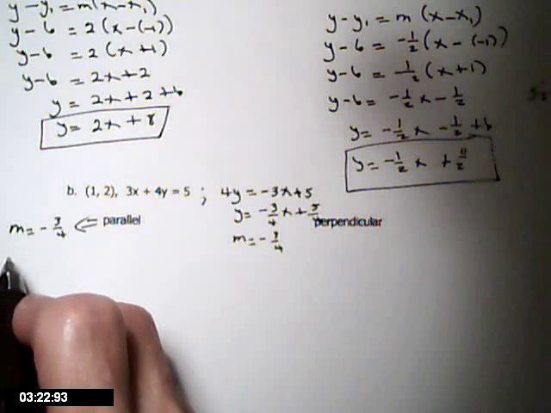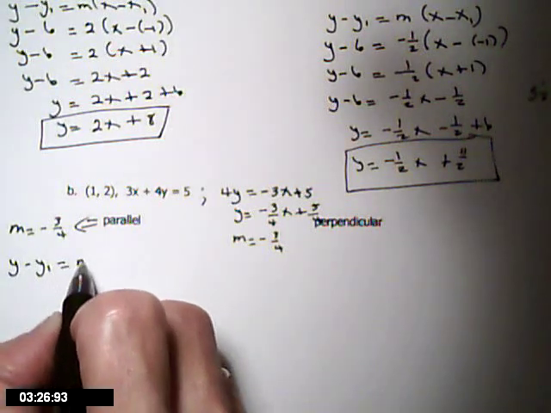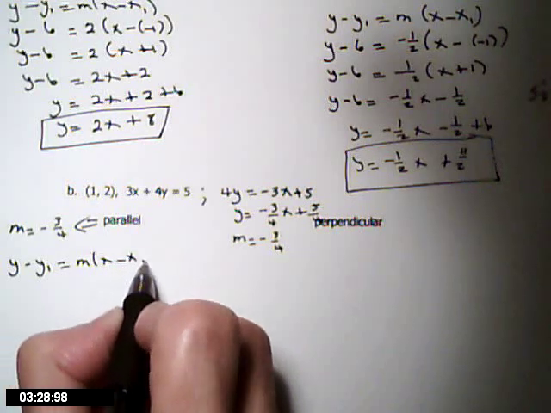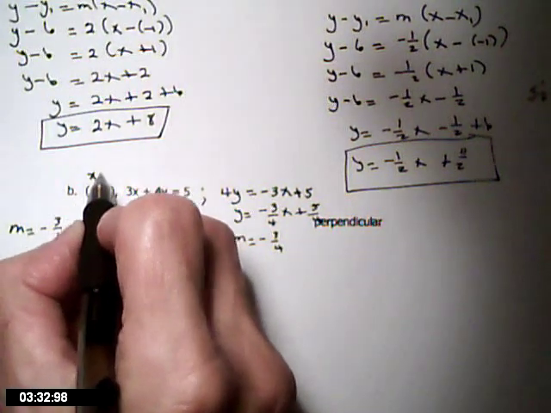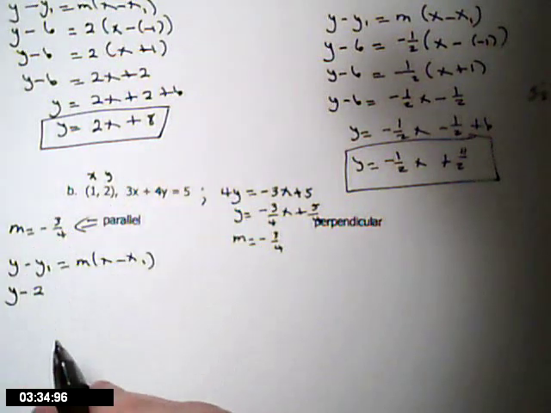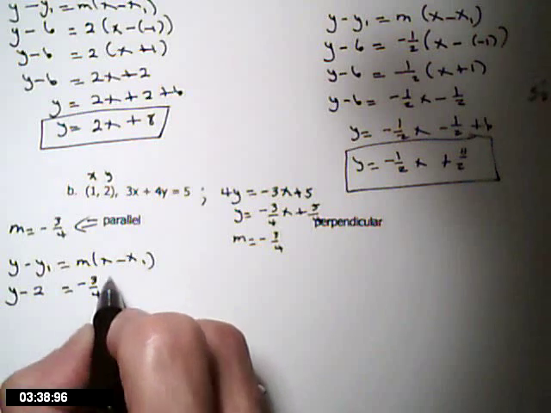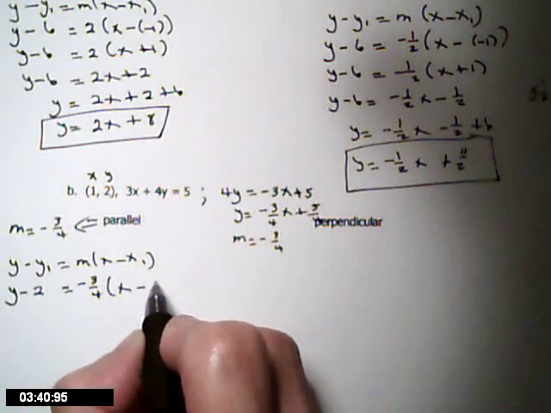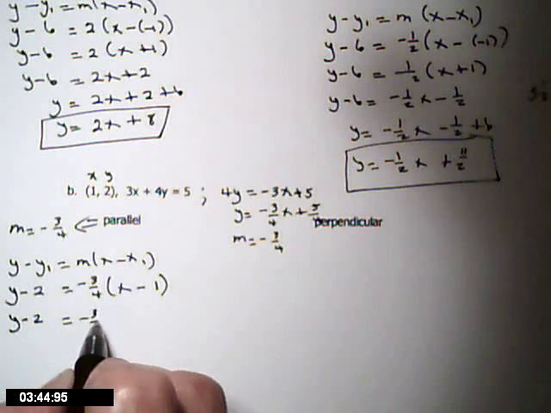Okay, now we're going to again start with point-slope form, and we're going to substitute, so we'll have y minus 2. Remember, we were given x and y. Substitute your slope, and x minus the x was 1. Now let's distribute.